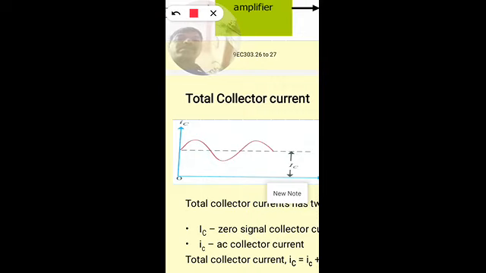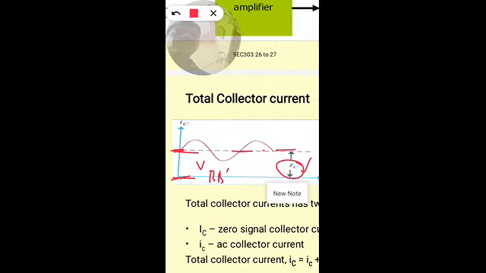So here we have this dotted line indicating the DC current. This DC current IC is kept at some value above zero. This is the value fixed by the DC biasing circuit VBB, and with the help of some resistive circuit it fixes the DC collector current at this value before the signal is applied.